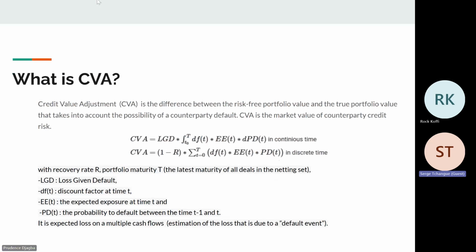What does it mean, the CVA capital, or the different regulation on the CVA. So to have a 1 or 2 page presentation that basically summarizes the documentation on the CVA.